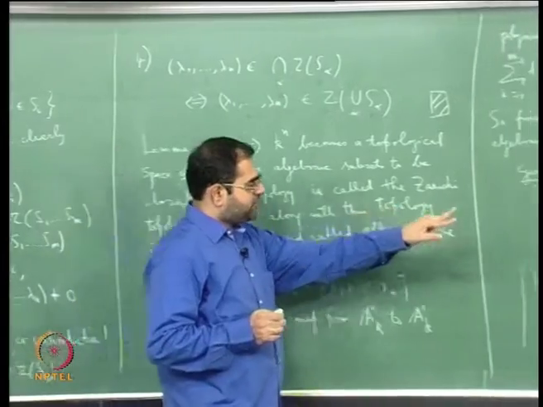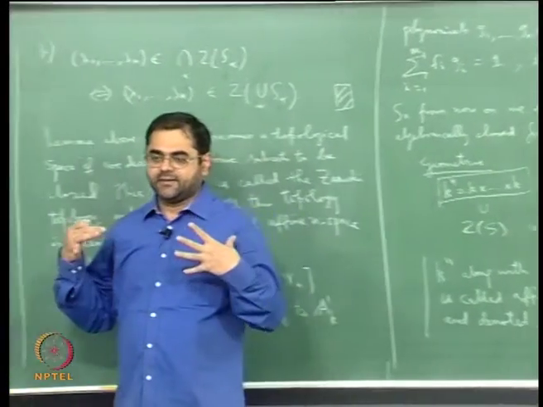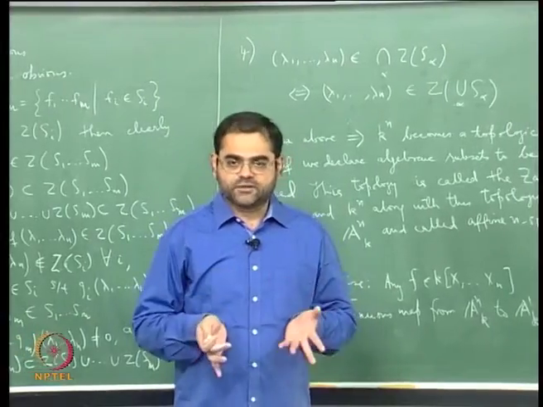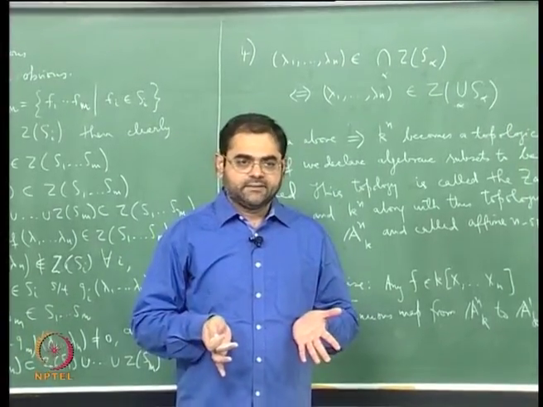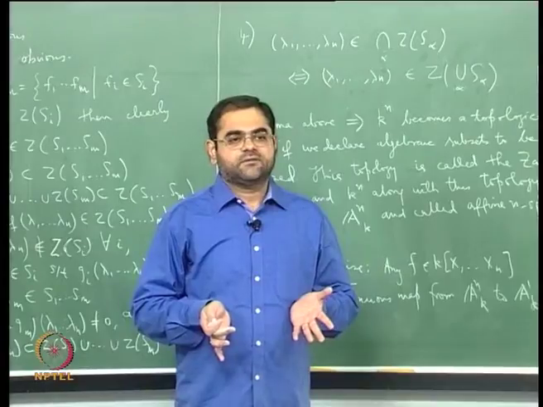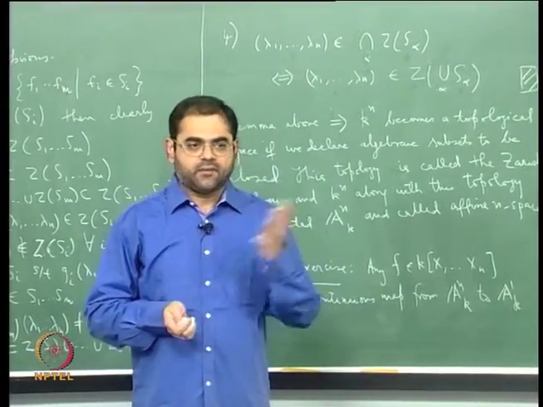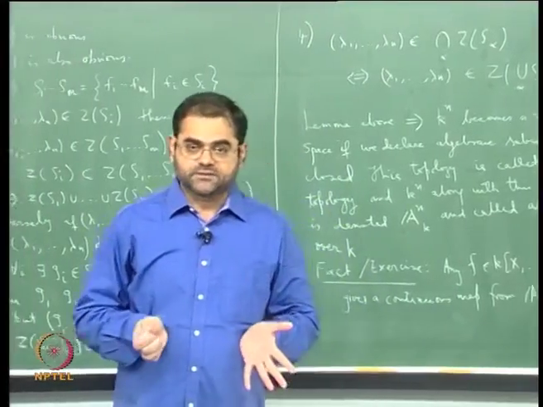See, in the usual topology, suppose you study real valued functions or complex valued functions, then the set of points where the function vanishes is a closed set. Of course I am only worried about continuous functions.